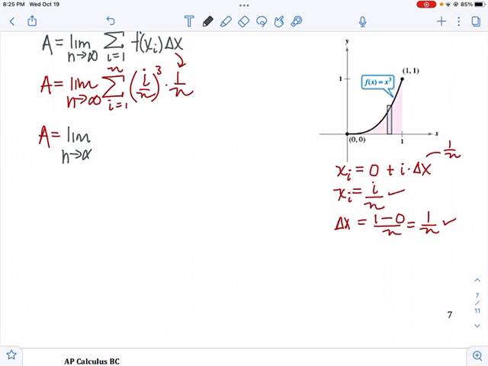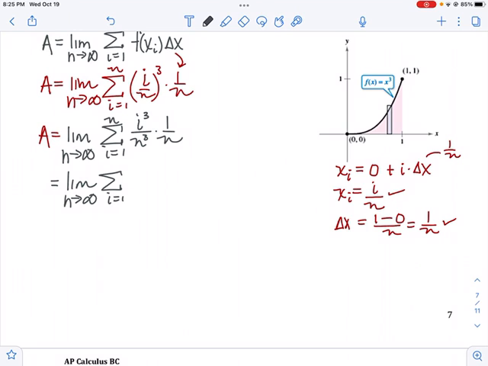Now I'm going to go ahead and cube that, so the area is equal to, I'm going to switch over to black ink, the limit as n approaches infinity of the summation from i = 1 to n of i cubed over n cubed, times 1 over n, and I'm going to simplify it one more time.